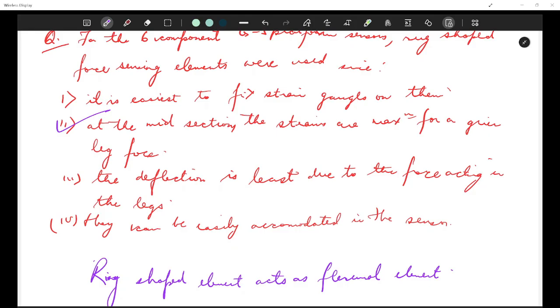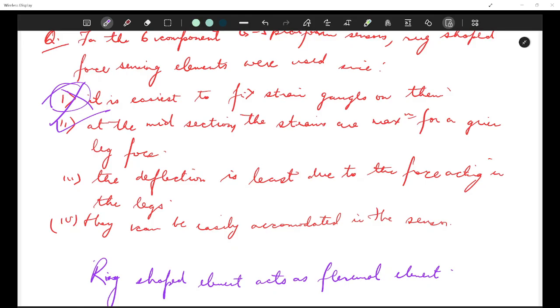Okay. The first option was easiest to fix strain gauges. Ease of attaching strain gauges is not the main design criteria. Any flat surface can allow strain gauge attachment. Okay. So the ring was chosen for mechanical amplification and it is not for convenience. So this is incorrect. The other option is deflection is least. For sensing, we do not want minimum deflection.